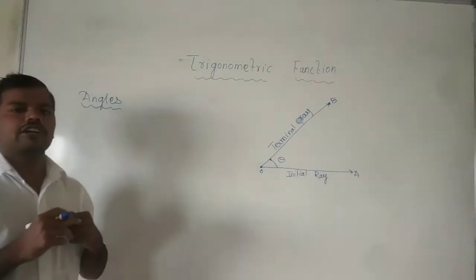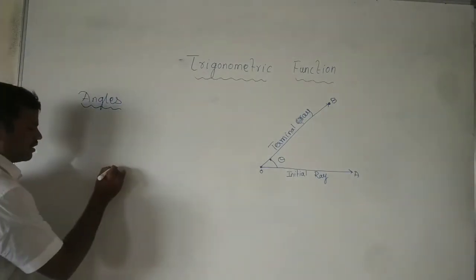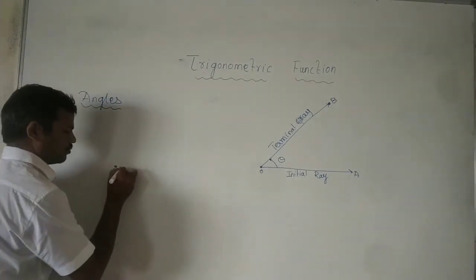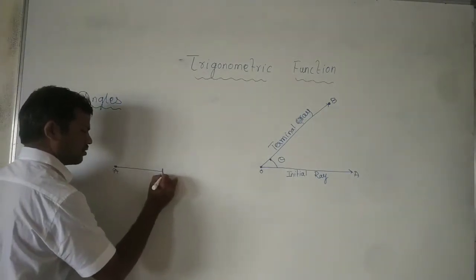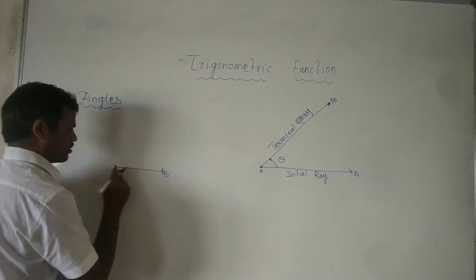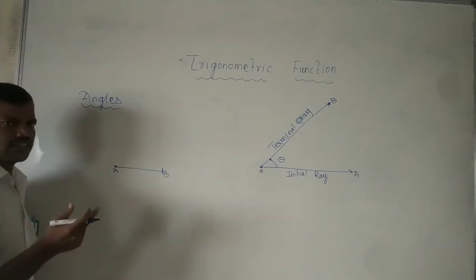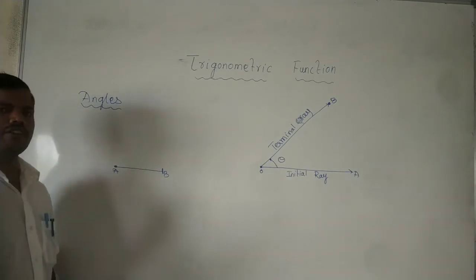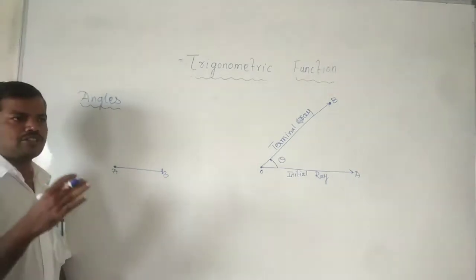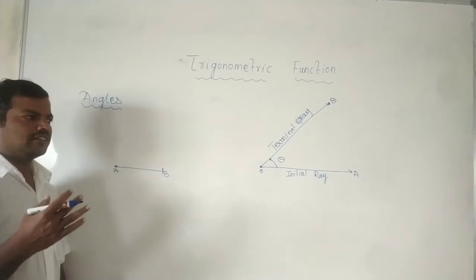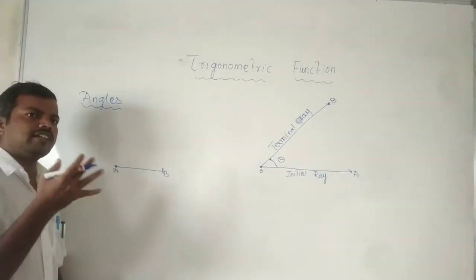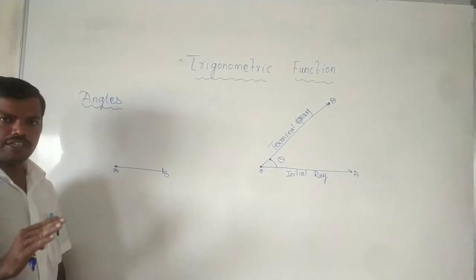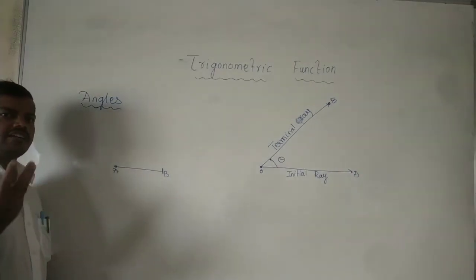As we know, if you are measuring something, it is a measurement. Suppose we have 2 points, from A to B. This is called distance or length. Distance can be measured in different ways. The units for measuring distance are kilometer, meter, centimeter, feet, and so on.